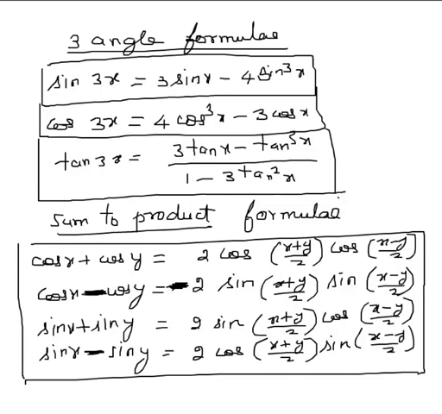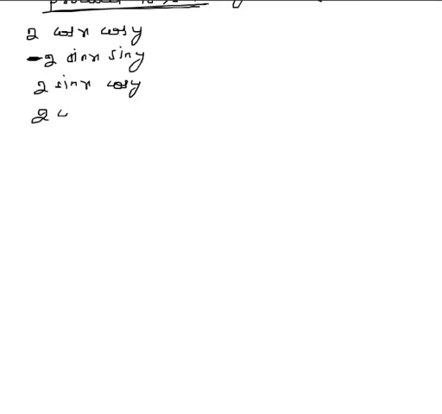And in the same way we can change product to sum. 2 cos x cos y, let us put the minus sign here, minus 2 sin x sin y, 2 sin x cos y and 2 cos x sin y. It's just the reverse of the above 4 formulae.